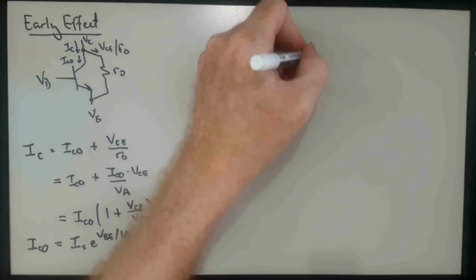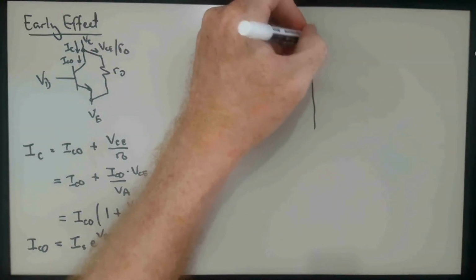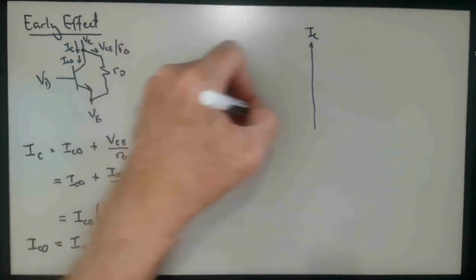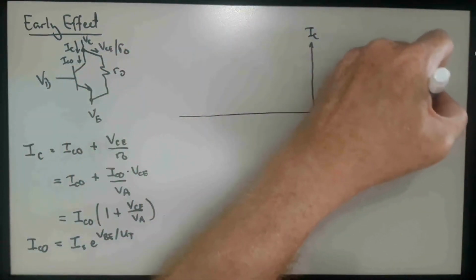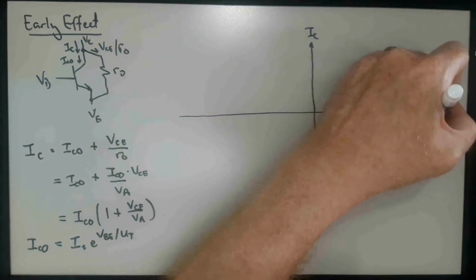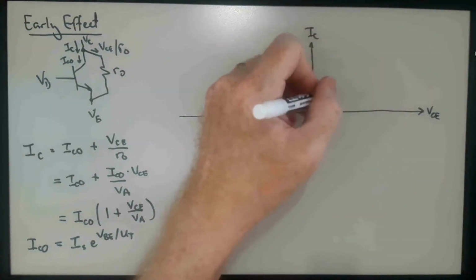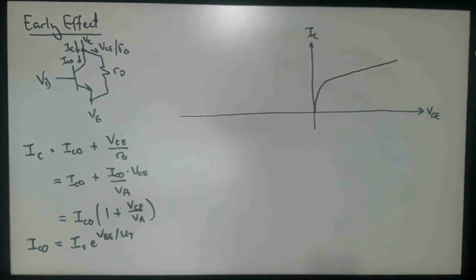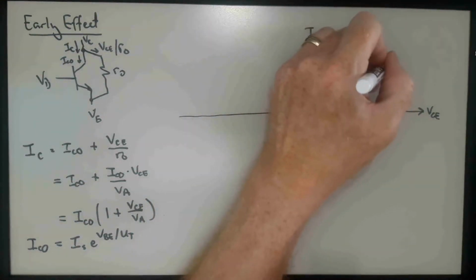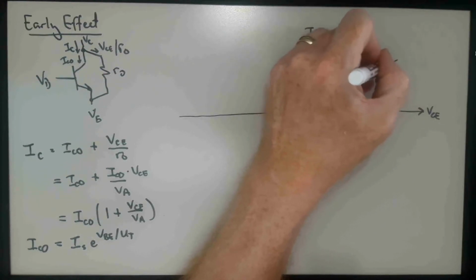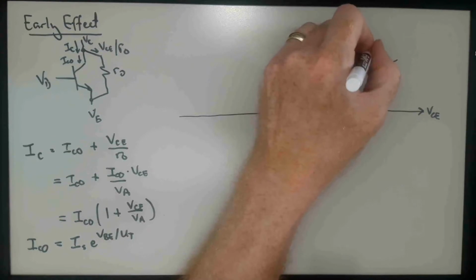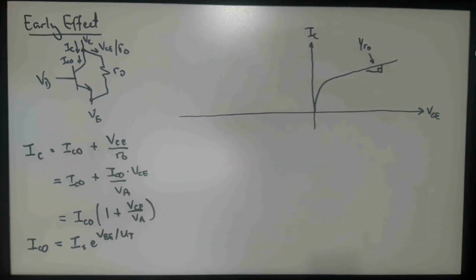So if I take this collector characteristic, IC as a function of VCE, and we have our collector characteristic maybe like this. I've exaggerated the slope here. The slope of this line is 1 over RO, the output resistance of the transistor.